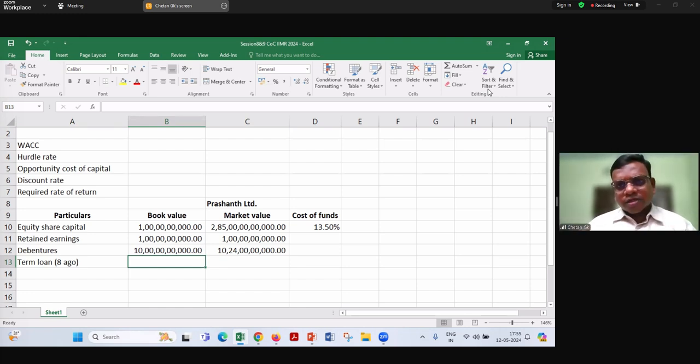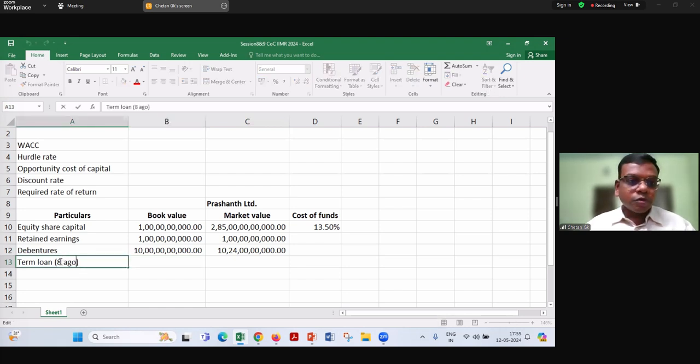It is just a loan. You have to understand that the company has taken a loan of some crore rupees from the bank, which has a maturity period of 8 years.